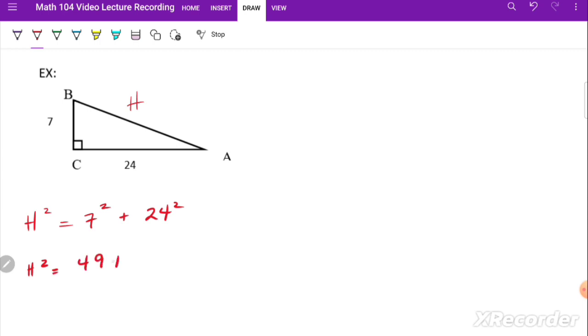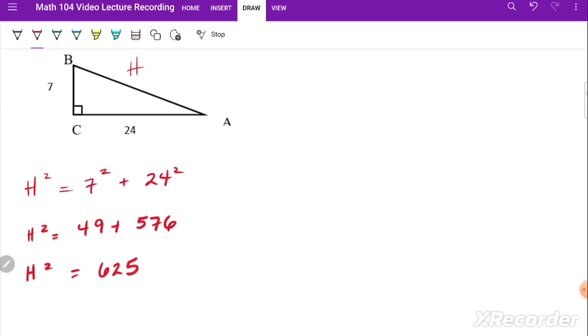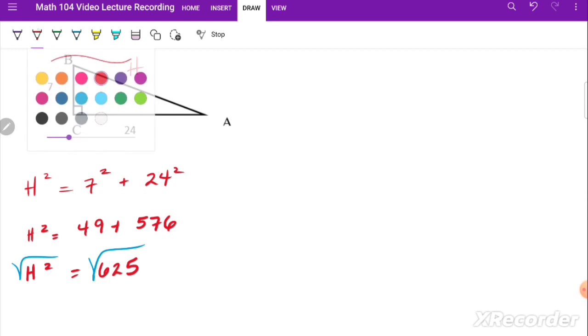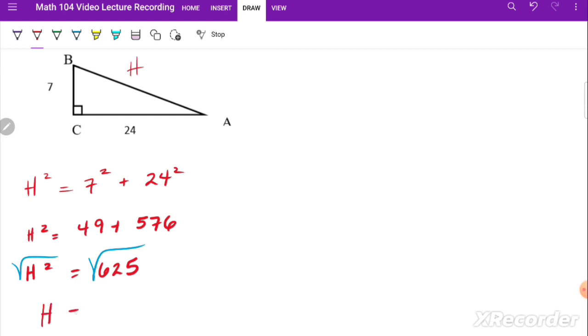That's 49 plus 576, 625, and then we'll take the square root. And get h to be 25.